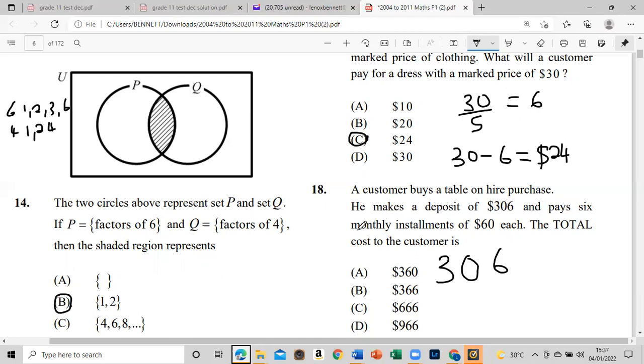So you're going to be paying a flat rate of $60. So it would be 60 times 6. 0, 6, 36. So we just add 36. 360.